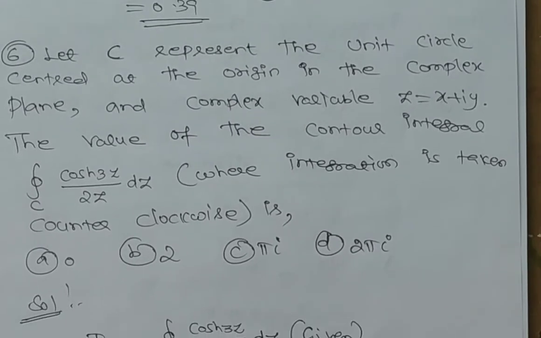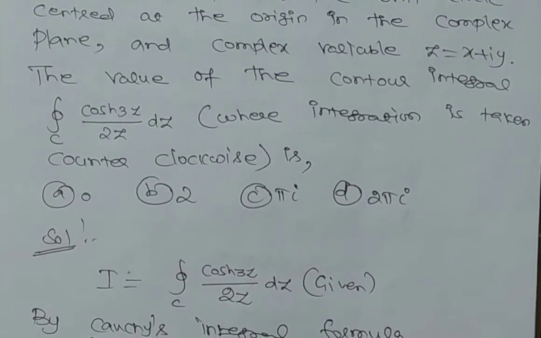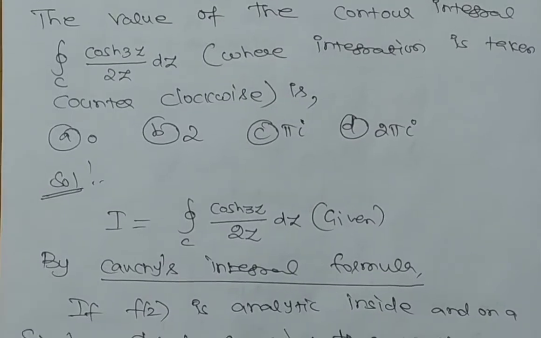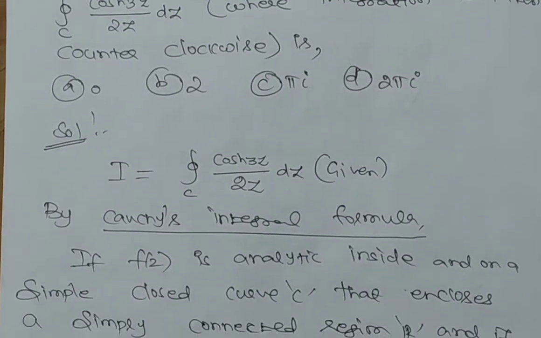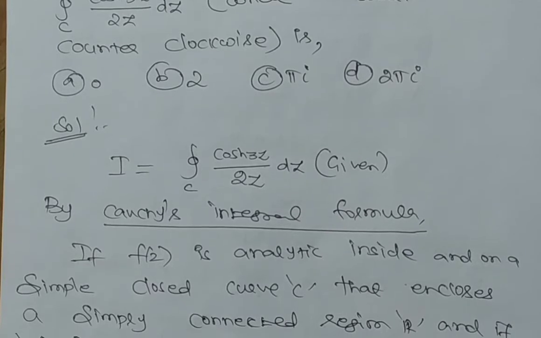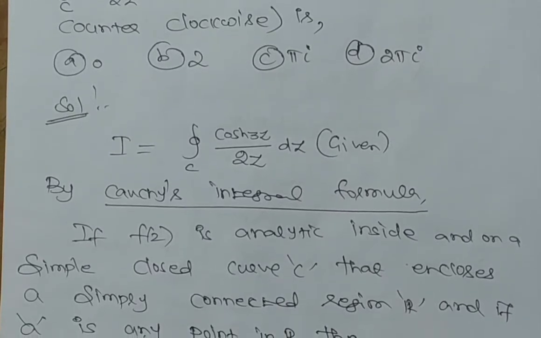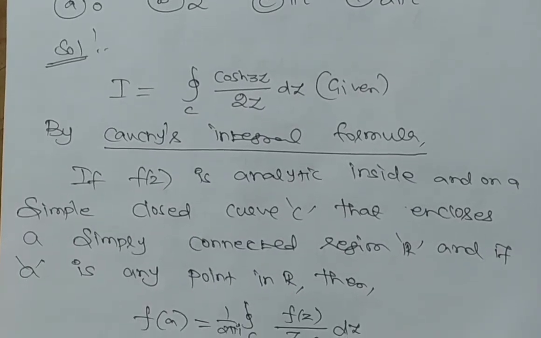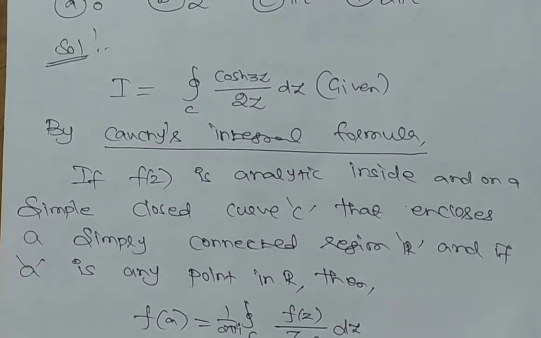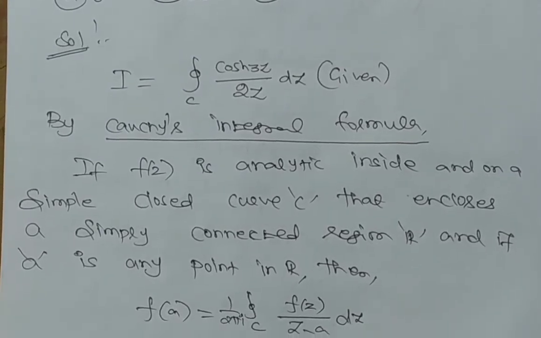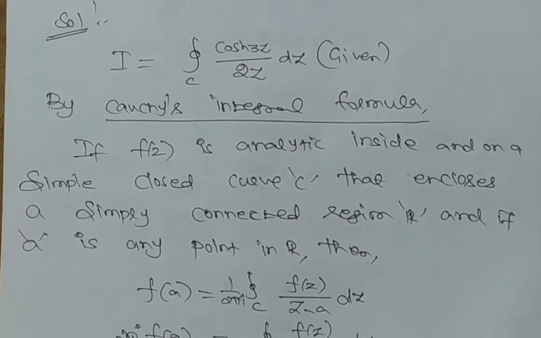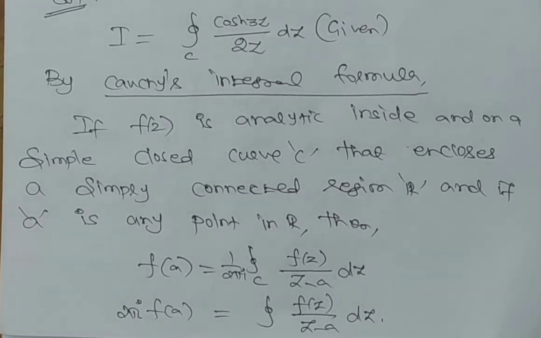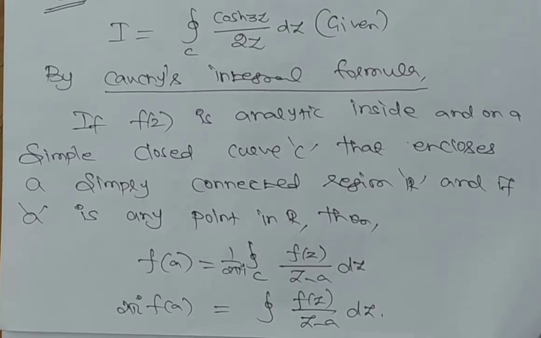The given integral is I, integration over C of cos 3z divided by 2z, which is solved using Cauchy's integral formula. If f of z is analytic inside and on a simple closed curve C that encloses a simply connected region R, and if a is any point in R, then f of a equals 1 by 2 pi i integration over C of f of z divided by z minus a dz, that is, the integral equals 2 pi i into f of a.